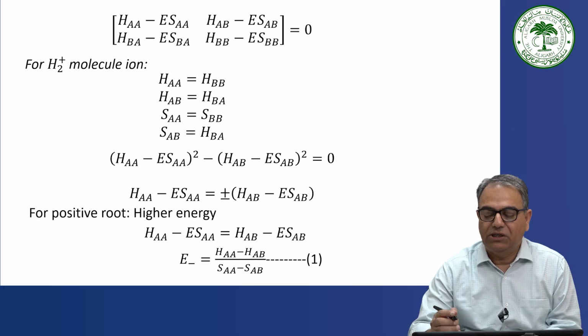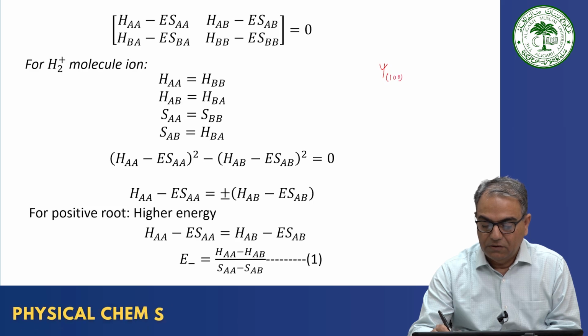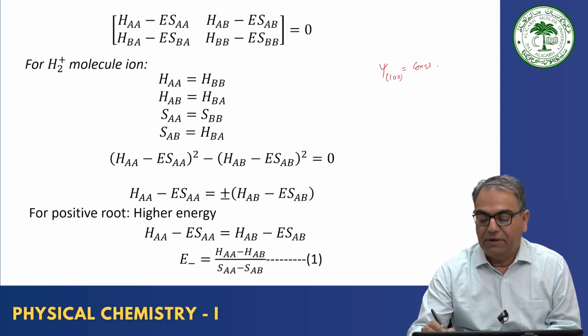For the 1s orbital, you have seen in the solution of the hydrogen atom, psi 100 is a constant multiplied by exponential of minus r divided by a naught.